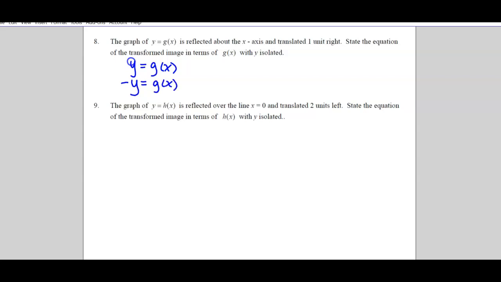And then 1 unit right is x is replaced with x minus 1. And then it says y isolated. So now that's in transformation form. Divide by -1. We get y equals negative g of x minus 1.